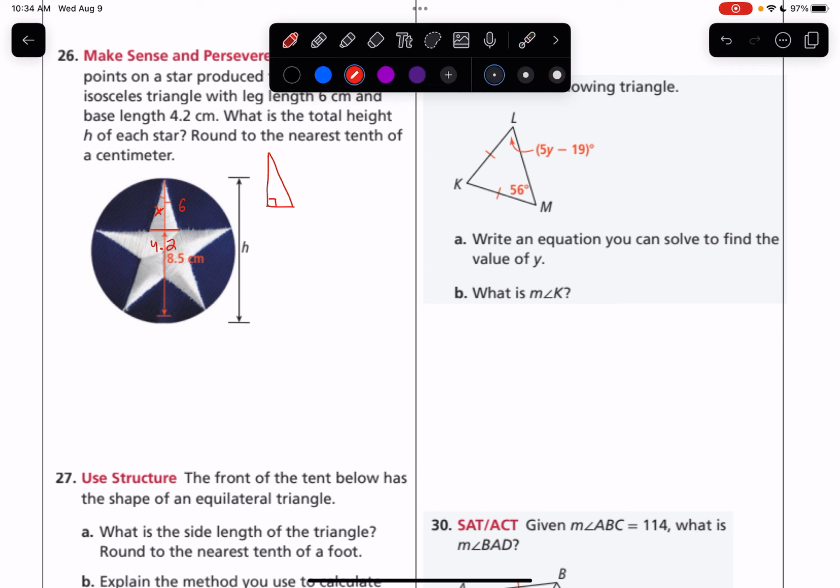So that's going to be 6 and half of 4.2, which is 2.1. To find the length x, I'm going to use, of course, the Pythagorean theorem. So 2.1 squared plus x squared equals 6 squared, which gives me 4.41 plus x squared equals 36.